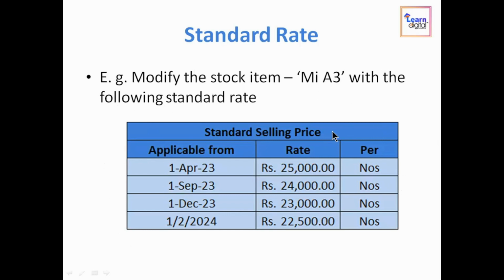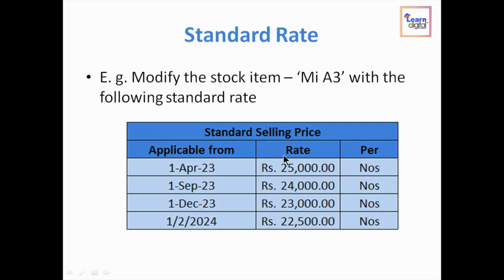The standard selling price for MI A3 from 1st of April will be 25,000 per unit. From 1st September, the rate will get reduced. It will be 24,000. From 1st of December, it will be 23,000. And from 1st of February 2024, it will be available for 22,500.